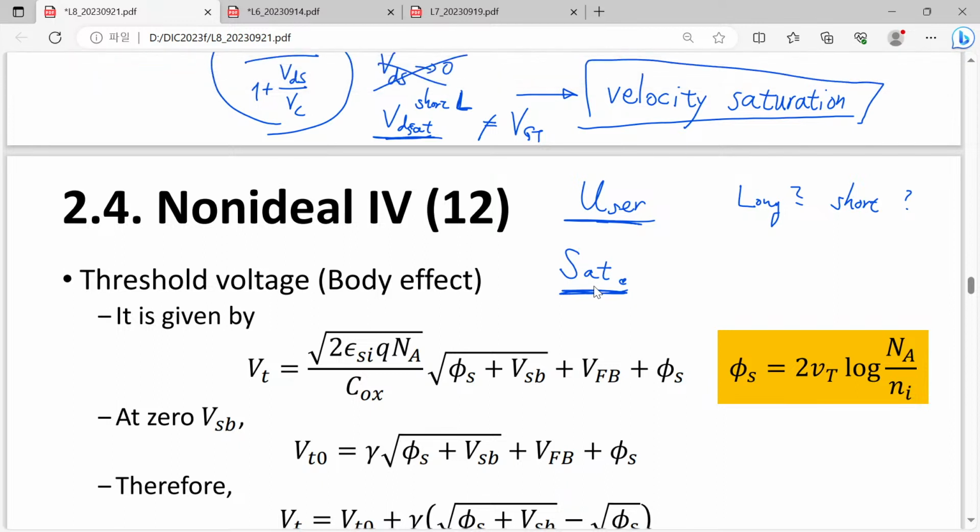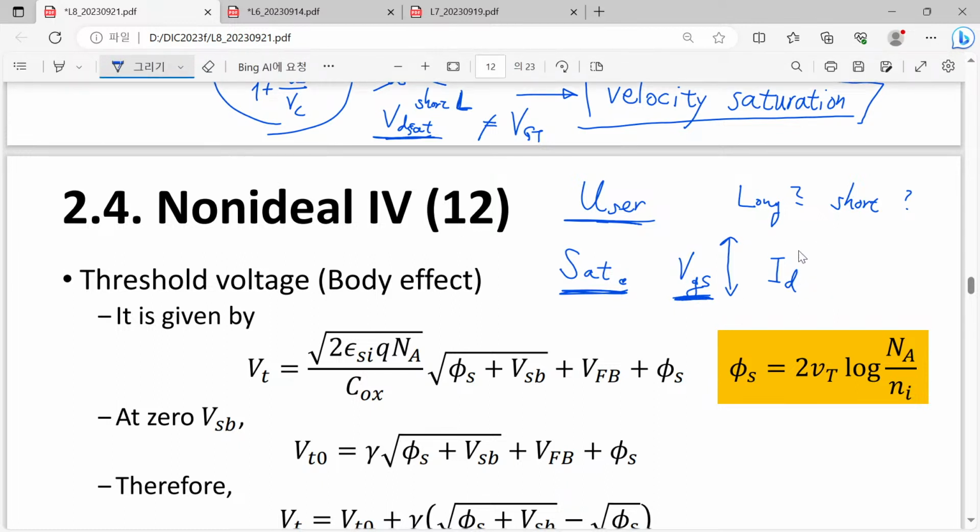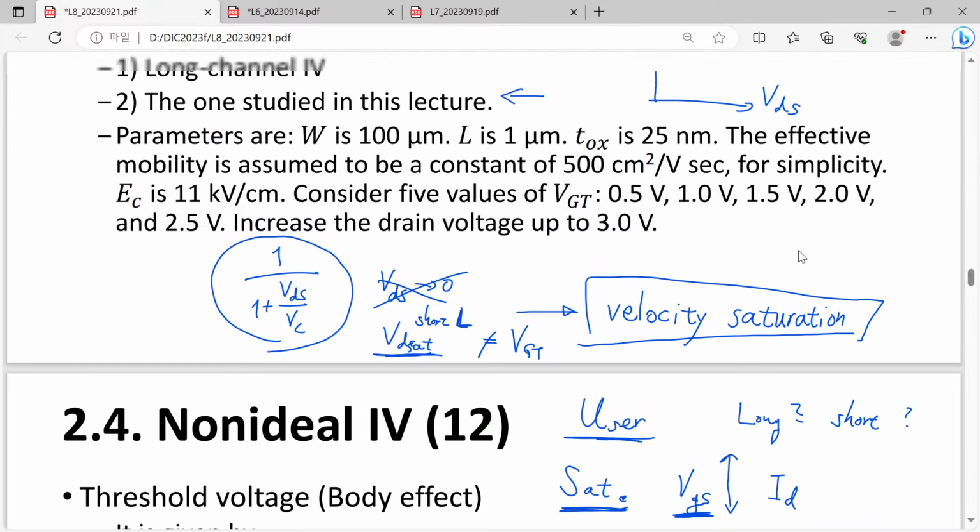Then what you want is to change your gate voltage, increase or decrease it, and measure the change of ID. My desire is to make a quite sensitive device which is sensitively affected by VGS.